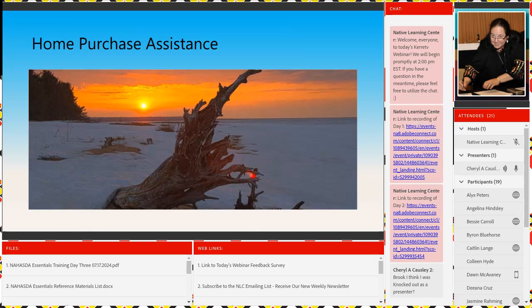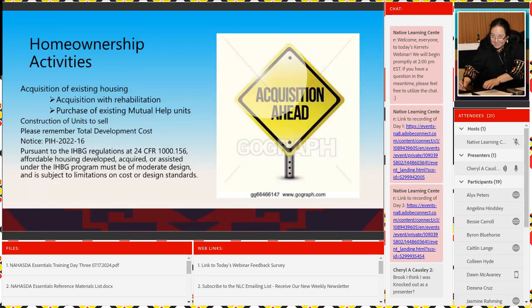So you can do home purchase assistance, home ownership activities, acquisition of existing housing if you have it, and then reacquisition with rehab, purchase of existing mutual help units. That we did. Our families would, after the kids grew up, sometimes have a mom and a dad and one remaining child, or sometimes no remaining child, and we would buy them back.